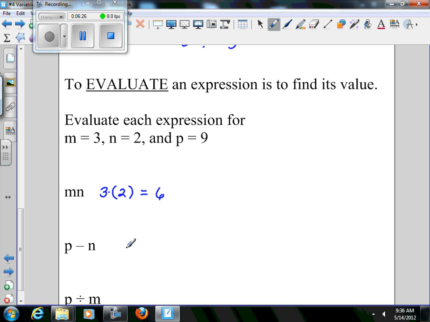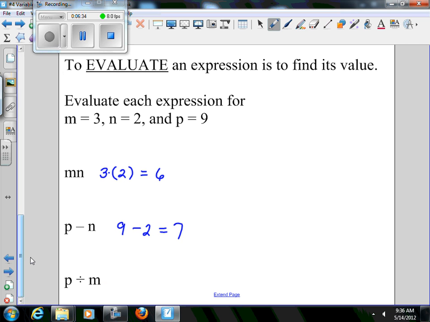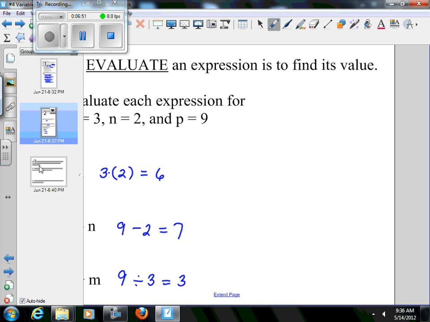For p minus n, well, p is 9, minus 2 gives us 7. Plugging those numbers in place of those variables. p divided by m. Well, p is 9 divided by m, which is 3, and that gives us 3 for an answer. Let's move on.